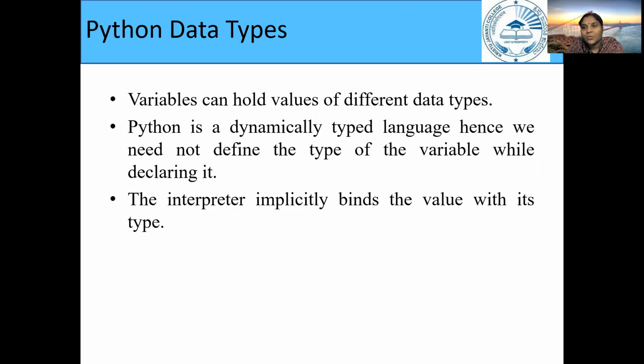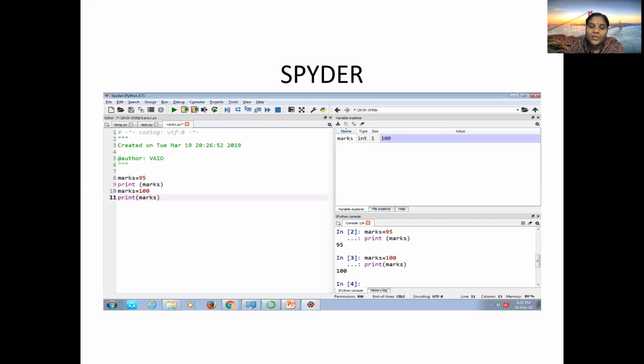Since we know Python is a dynamically typed language, that means in other programming languages, ahead of using a particular variable, we previously have to tell what type of value that variable is going to hold. But here in Python we need not tell that. Depending upon the assignment of that particular value, Python will consider its data type.